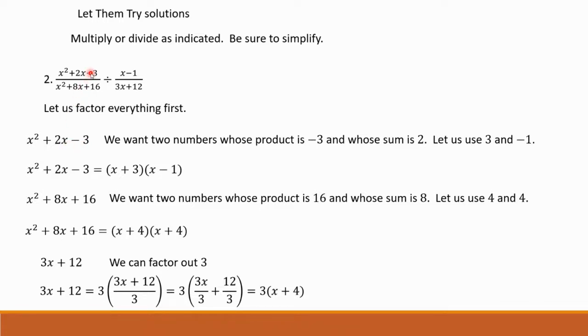Again, we want two numbers whose product is minus 3, whose sum is 2. Again, we have three terms in this polynomial. Its degree is 2. The leading coefficient's 1.